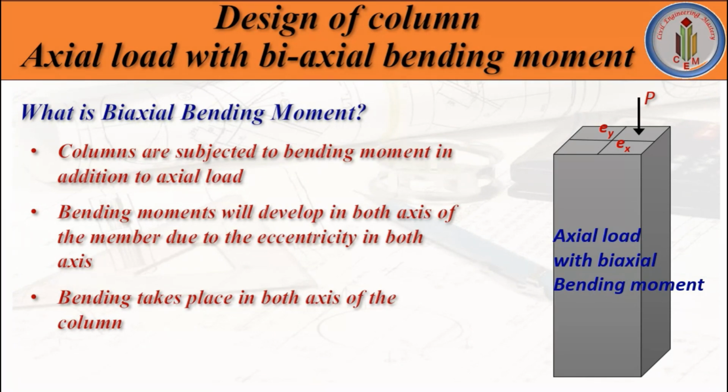In the second case, the load will not be acting at the centroid of the column, so we get eccentricity in any one axis, either in the major axis or in the minor axis, and due to this eccentricity we get moment in any one axis of the column. In the third case, the load will not be acting on the centroid of the column, and we get eccentricities in both axes, so we get moment in both axes of the column.